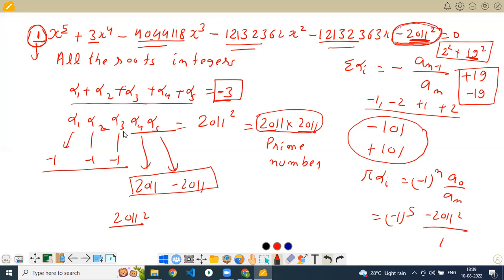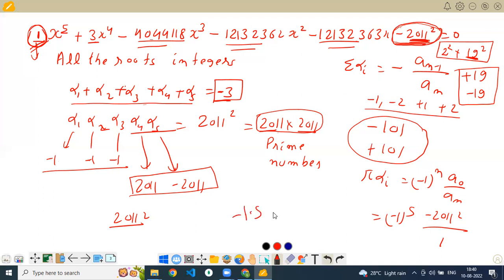If a_n is 1, and the roots are rational, then the roots have to be integers. So here you are already saying a_n is 1, and we are saying that the roots are integers. And from that we start. So the question directly gives the hint that the roots are integers. That's the reason we don't worry about other numbers, because plus 3 or minus 3 can be achieved in many ways.